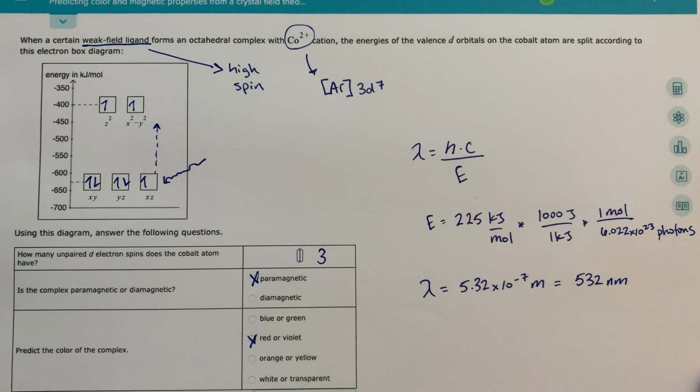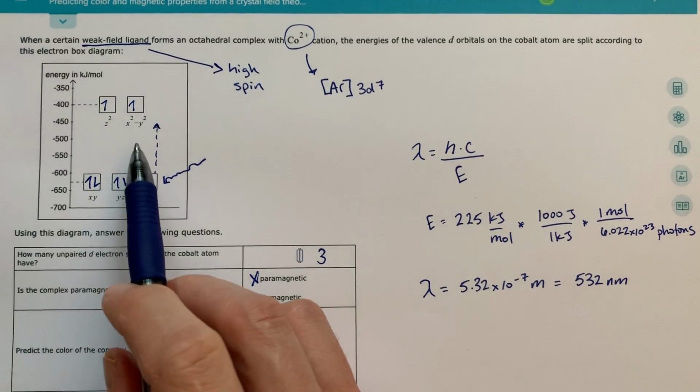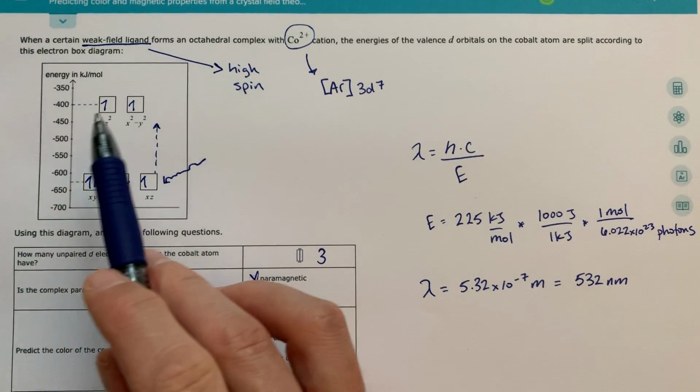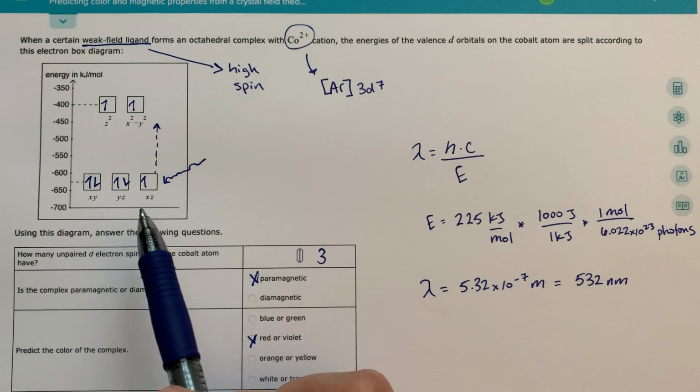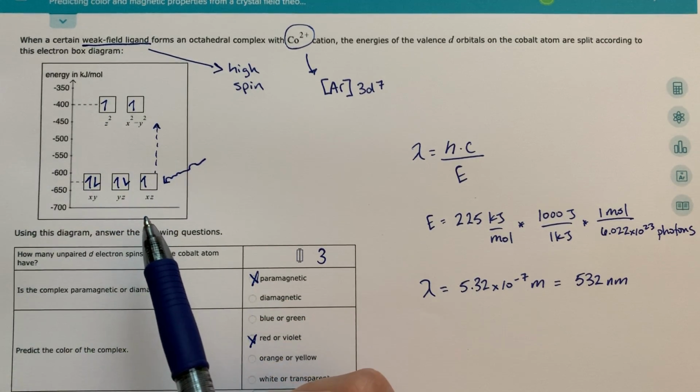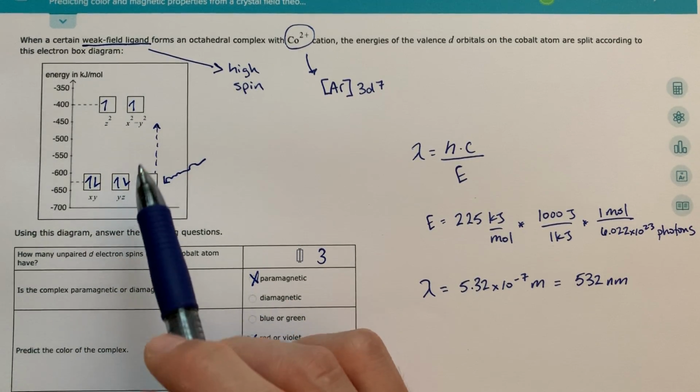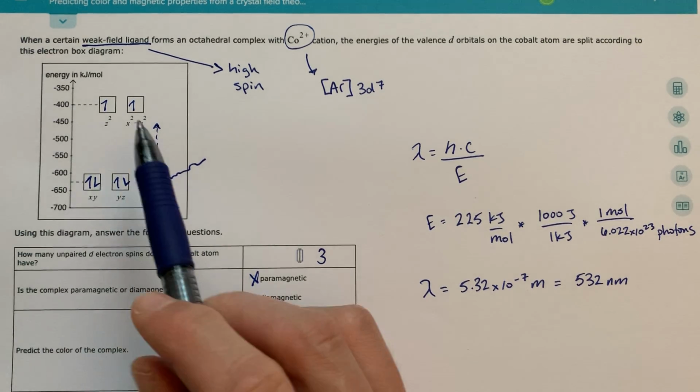I do want to mention one last thing for white or transparent. The way that you would run into that is if you had a full d10 electron configuration diagram, because there would be no way for these electrons to be promoted to the higher energy level.